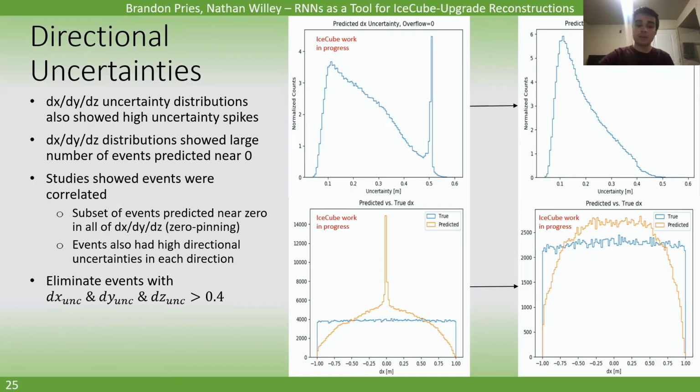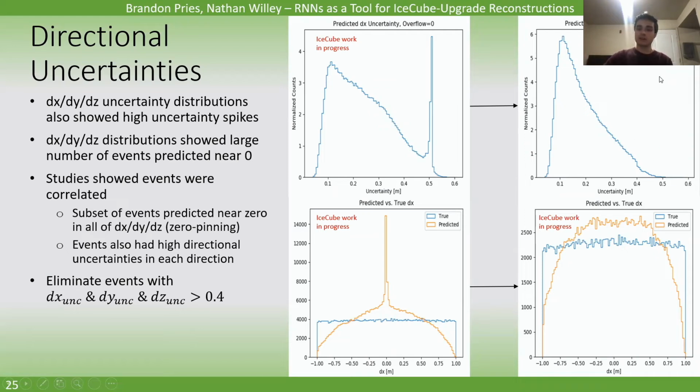So now the cut we make is if an event has higher than 0.4 uncertainty in every direction, we cut it out. This allows us to keep any event that maybe just has a high uncertainty in one direction for whatever reason, but also get rid of these events that the RNN just has no idea what to do with. That's what this arrow from left to right is showing.